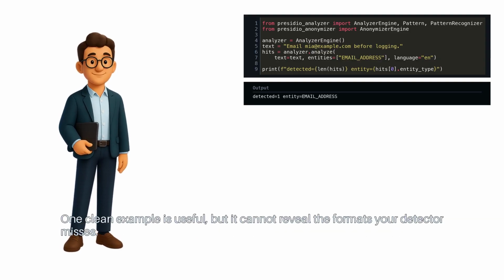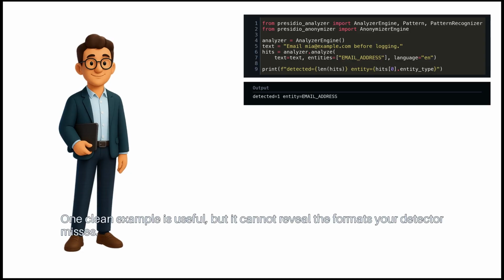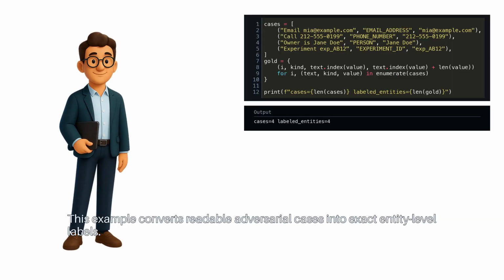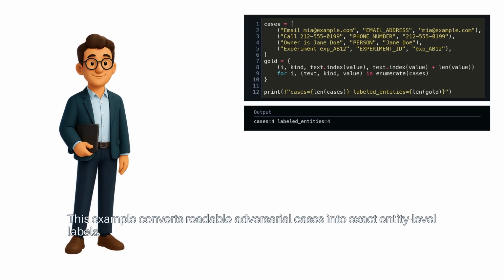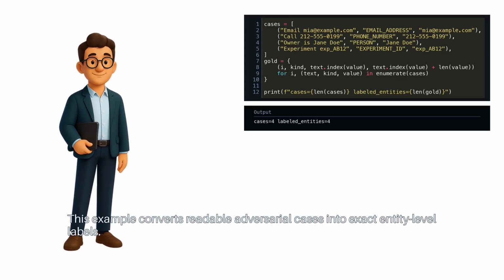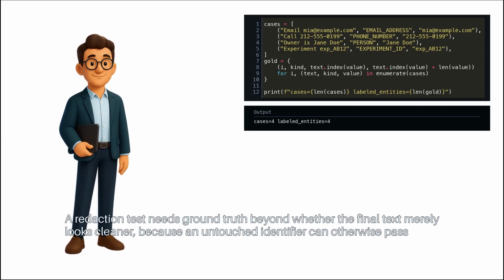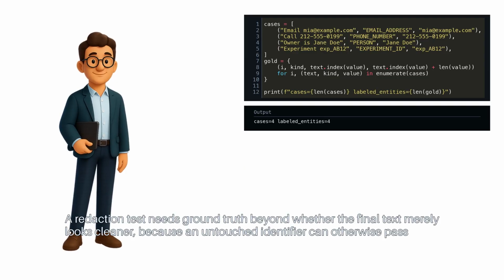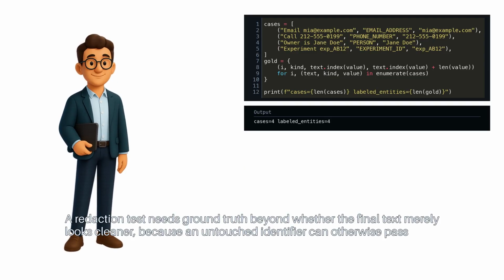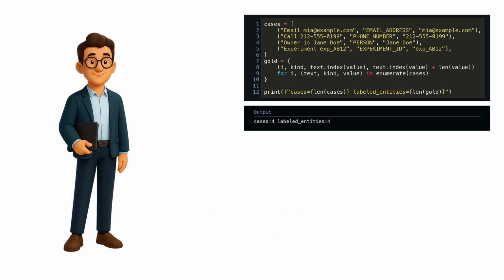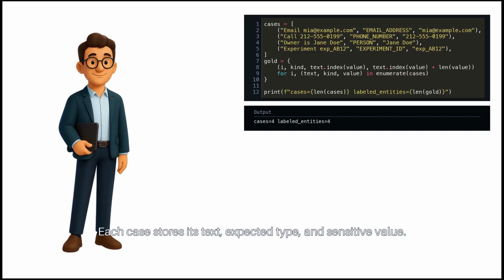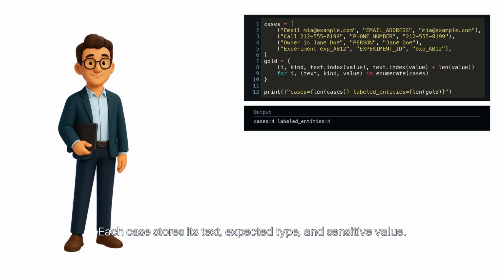One clean example is useful, but it cannot reveal the formats your detector misses. This example converts readable adversarial cases into exact entity-level labels. A redaction test needs ground truth beyond whether the final text merely looks cleaner, because an untouched identifier can otherwise pass unnoticed. Each case stores its text, expected type, and sensitive value.